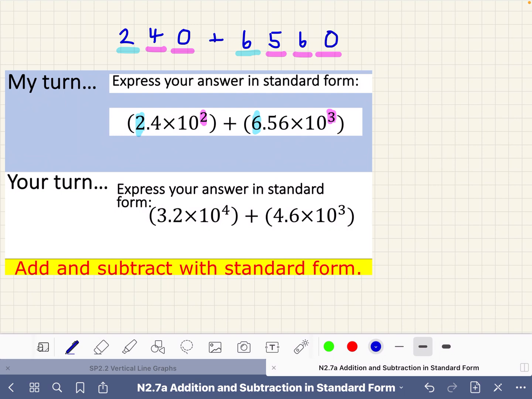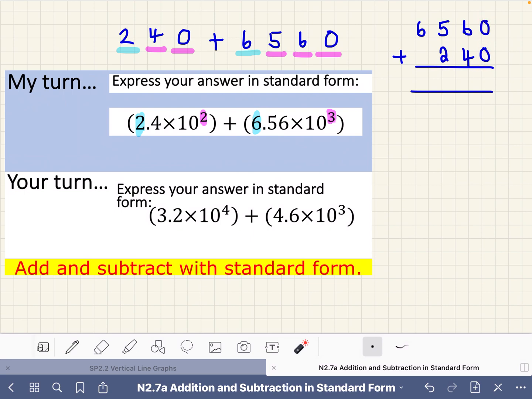We can now complete the addition using a standard column method. So we have the 6, 5, 6, 0, and we are adding 240. Remember, place value is important with these questions to ensure that the units line up with the units, the tens line up with the tens, the hundreds with the hundreds, and thousands with thousands, and so on.